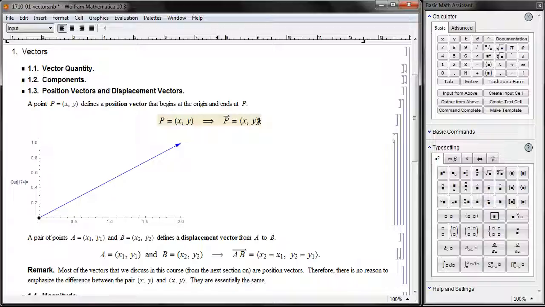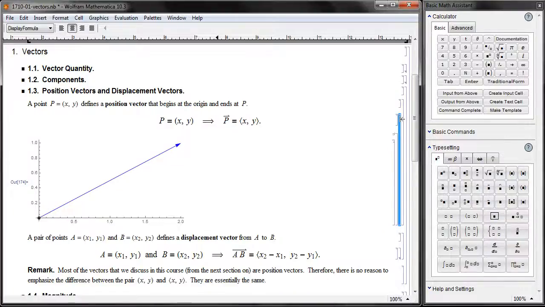Does it make sense to add two points, subtract points and things like that? In terms of points in geometry, that doesn't make much sense. In terms of vectors, oh yes, it makes perfect sense. It's a position vector, and we regard all the points as the tip of the position vector.